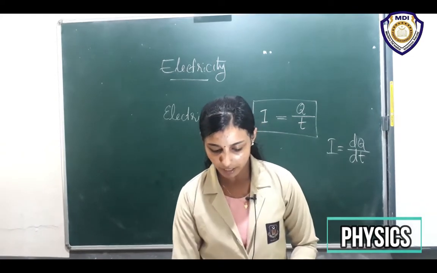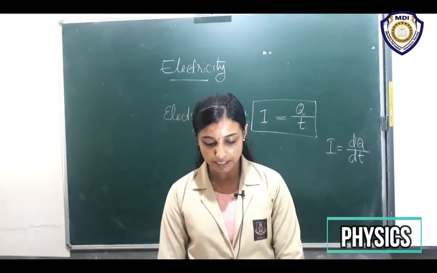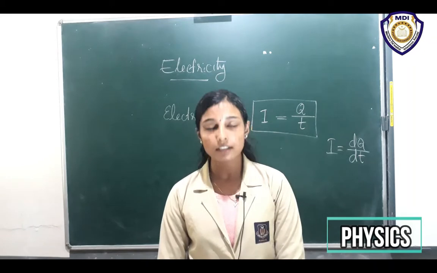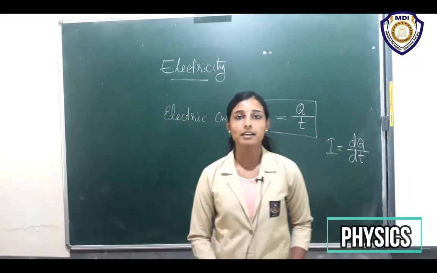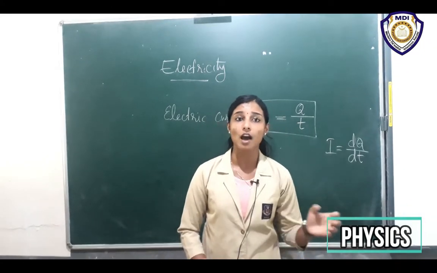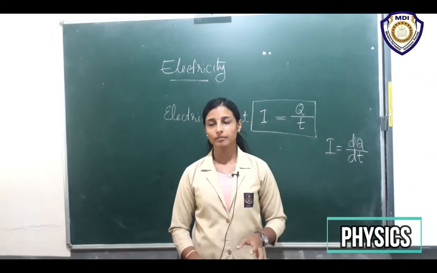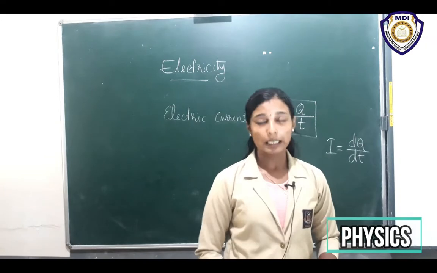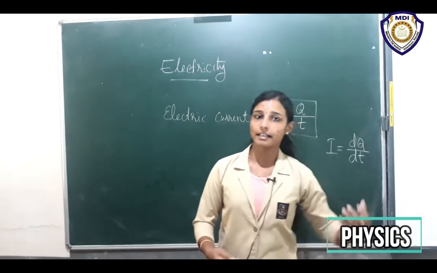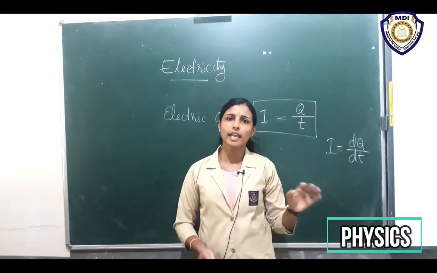Similarly, if the electric charge flows through a conductor, you know what conductors are? Conductors are those substances which allow the charge to flow through them. Most metals are conductors. They conduct electricity, and they can also conduct heat.